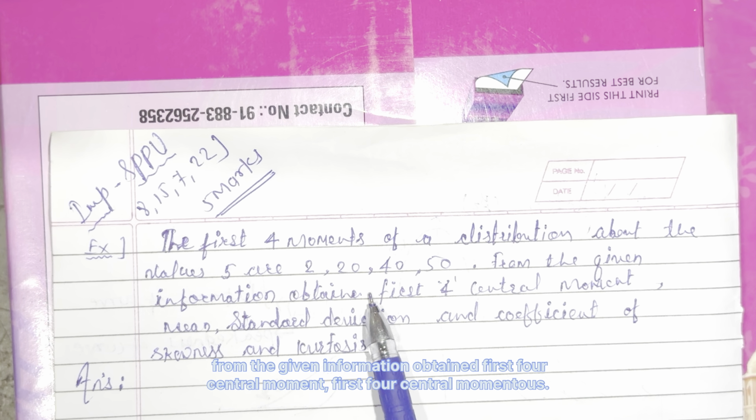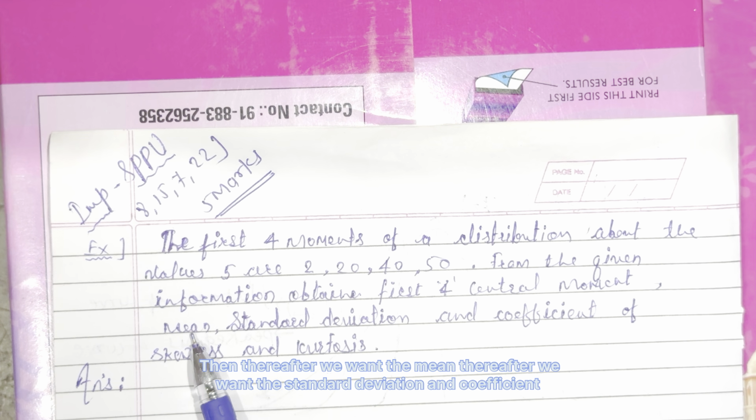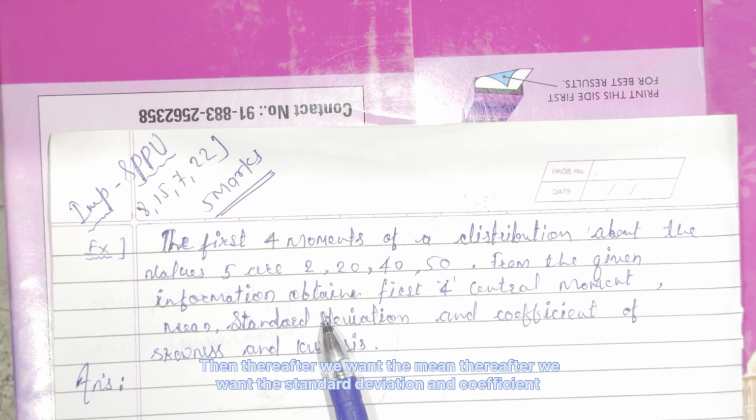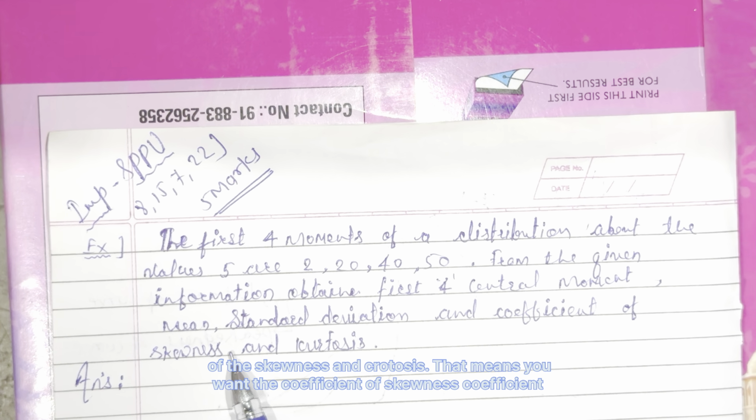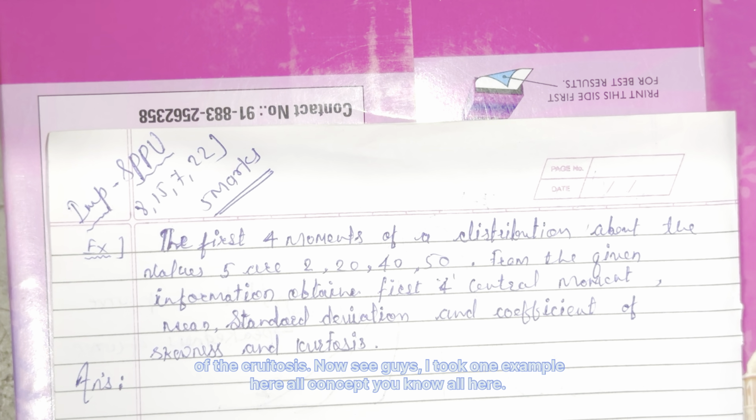From the given information, obtain the first four central moments. Then thereafter we want the mean, the standard deviation, and the coefficient of skewness and kurtosis. I took one example where all concepts are involved.